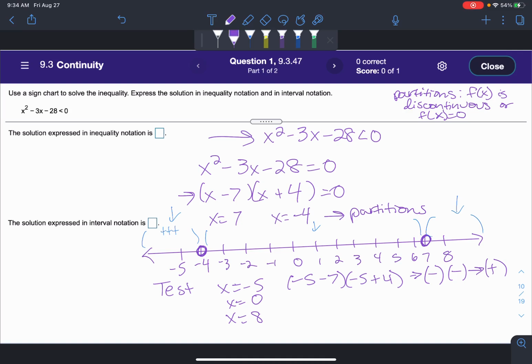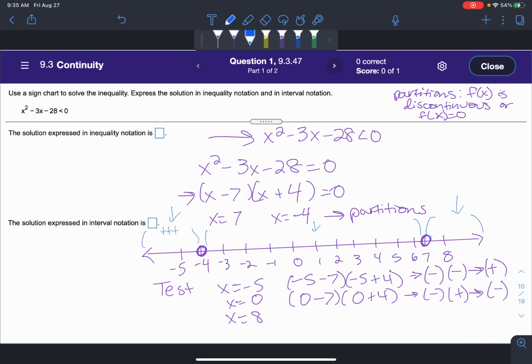So let's play the same game for x = 0. So I have 0 - 7, 0 + 4. So 0 - 7 is going to give me a negative, 0 + 4 is going to give me a positive, and a negative times a positive will be a negative.